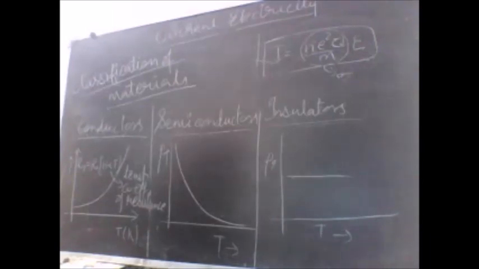There should be the minimum change in the resistance. So the value of alpha should be minimum. For constantan or manganin, the value of alpha is minimum. That is why we take constantan and manganin. For copper, the value of alpha is not minimum, it has a certain specific value. That means there is a substantial change in the resistance, therefore we don't use copper.